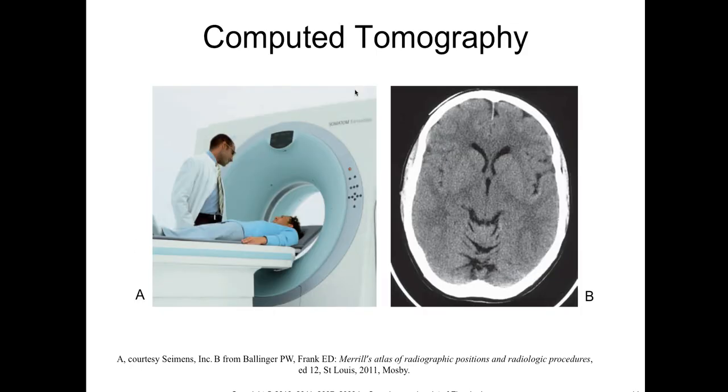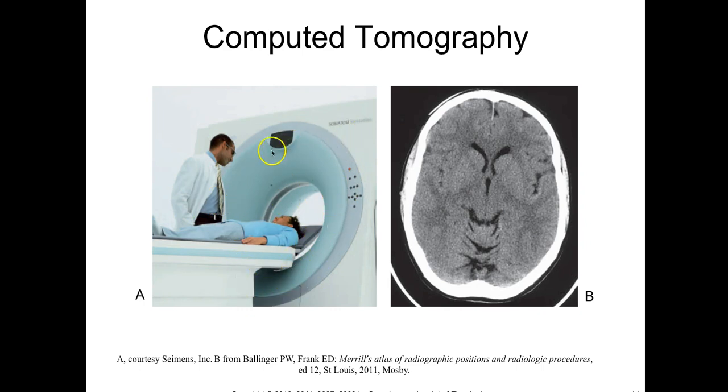So we just got done talking about the combining form tomo, meaning to cut. Computed means we're using some type of computer device in order to get our images, and graphy we already know is the process of recording. So in picture A here, we're seeing that there's a patient going in for a CT scan, and they have to be in this supine position to go through the scanner, which is in the shape of a circle.